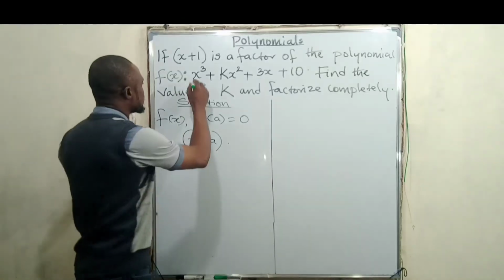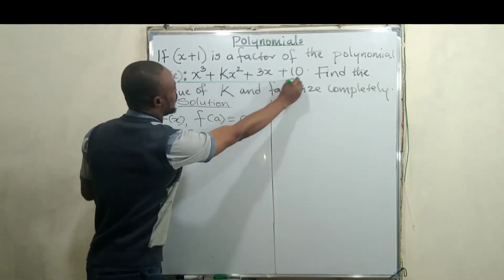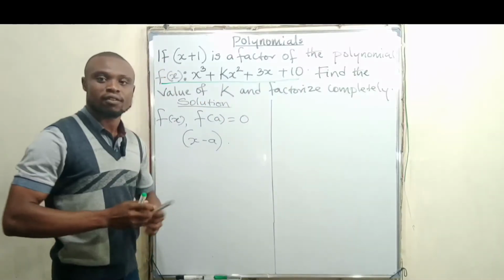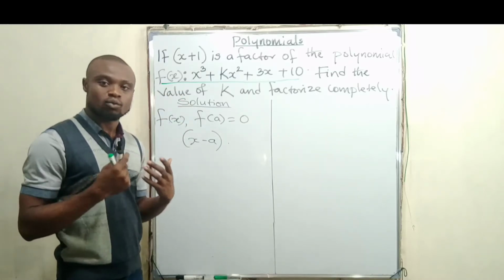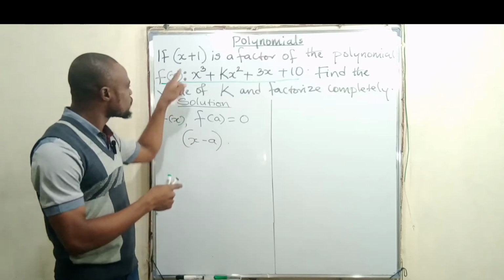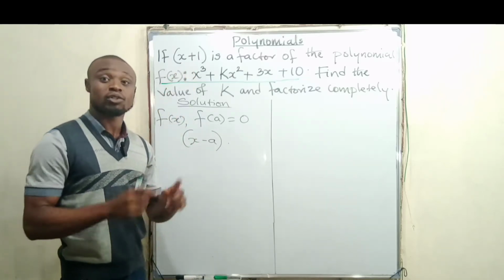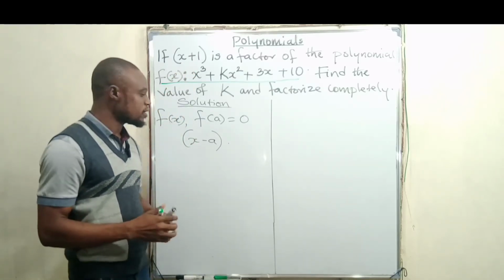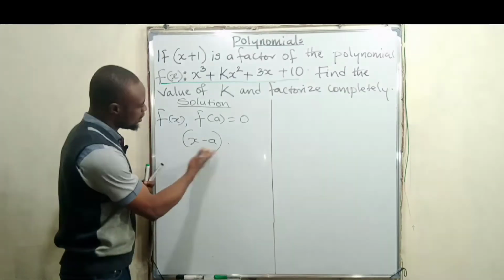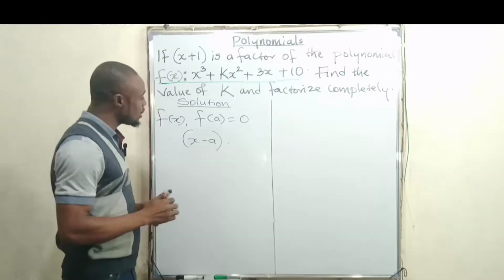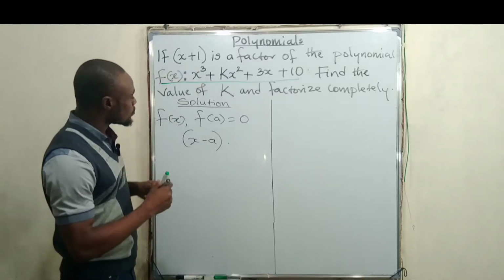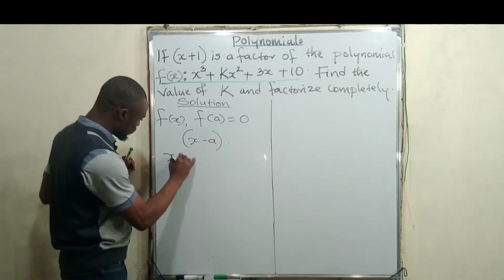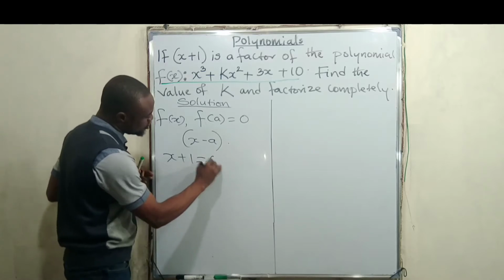Now the question here, we are given the first factor of this particular polynomial, this expression. We're given the first factor as x plus 1. So I want to explain how the plus came about from this particular expression, because it is not actually a plus 1. So this is where it particularly comes from. We have x plus 1.